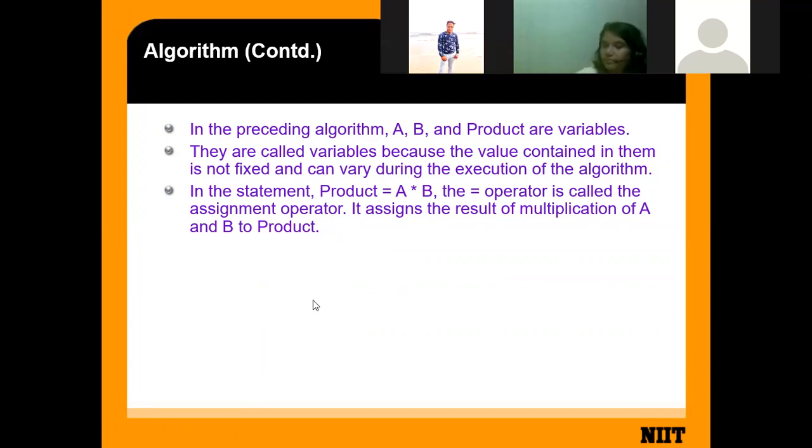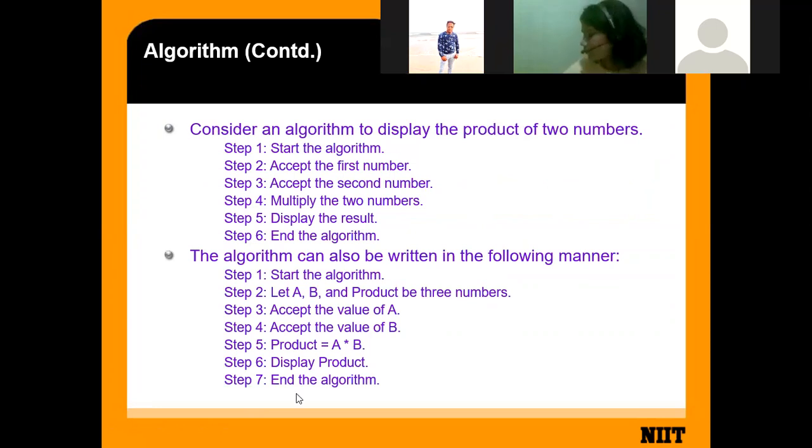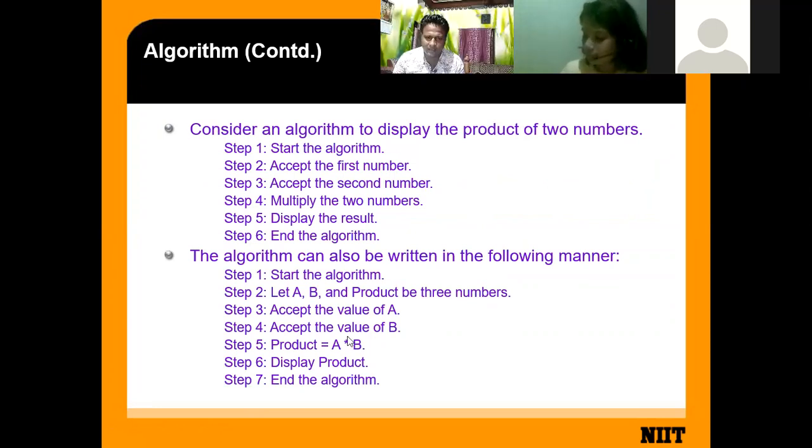Okay, so in this statement, A and B are called variables. A, B and product are called variables. A or B or product we call a variable, and that value changes. Suppose I ask Subhasri and she gives the value 10 and 20.